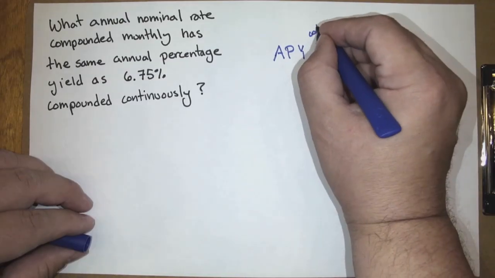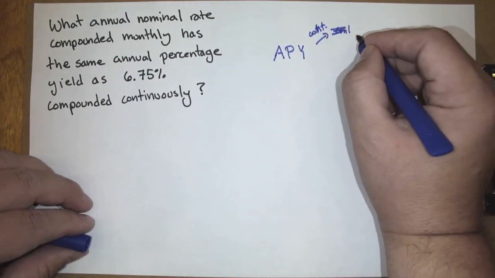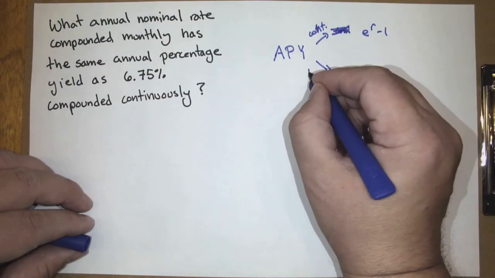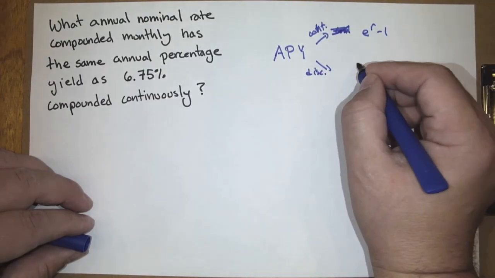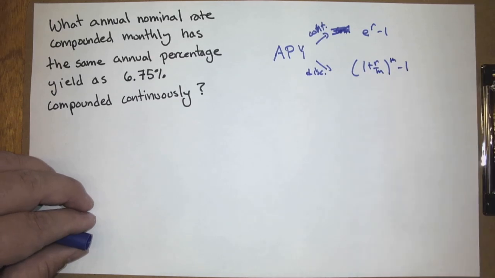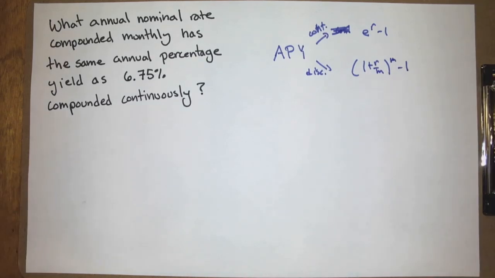We have our continuous, e to the r minus 1. We have the discrete, 1 plus r over m to the m minus 1. All right, so what annual nominal rate compounded monthly has the same annual percentage yield as 6.75% compounded continuously?